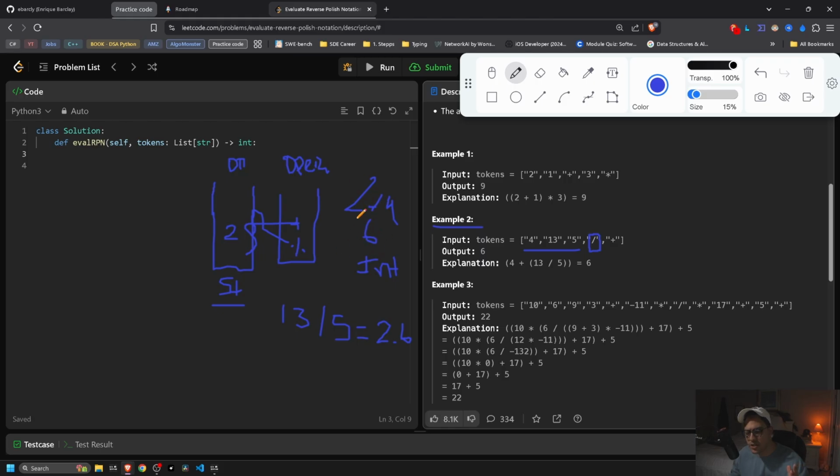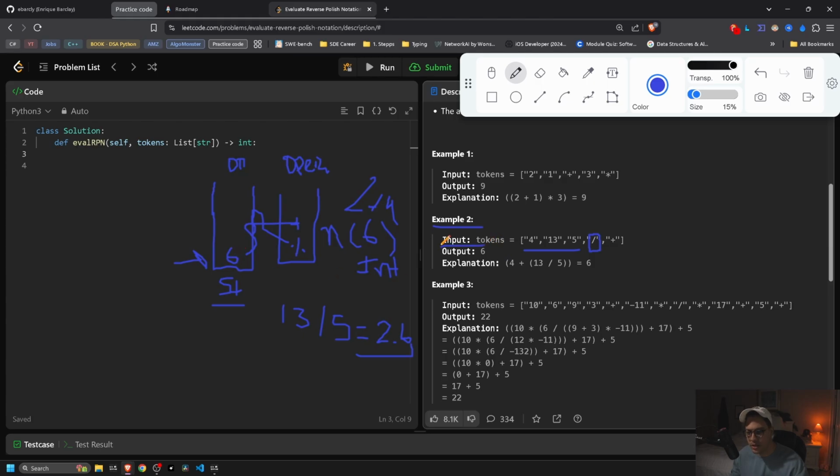And even though this is a whole integer, we're going to cast it as an integer, because we want to make sure that in the case that it's not, like down here, we can operate on floating points truncated to 0. So this is going to be 6. We can pop again the top of the stack right here, and look what we have. We have a final number in our stack that's equal to 6.